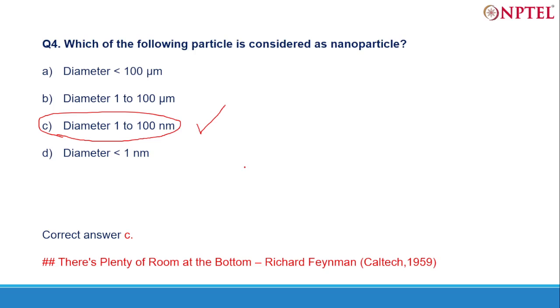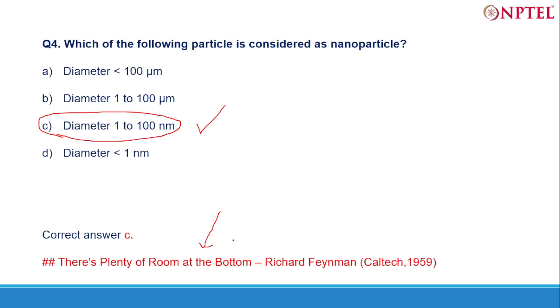What he was talking about is that there are lots of spaces when we go to the atomic or subatomic levels. A very big thing he pointed out: plenty of room at the bottom.